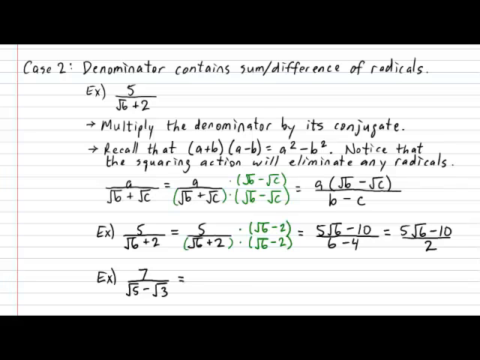So I'm going to start off by multiplying the entire fraction by the conjugate of the denominator. So it'll start out by looking like this. 7 over root 5 minus root 3. Again, I'm going to do it in green. So, multiply the denominator by root 5 plus root 3. Don't forget to do the same thing to the numerator. So multiply by root 5 plus root 3.